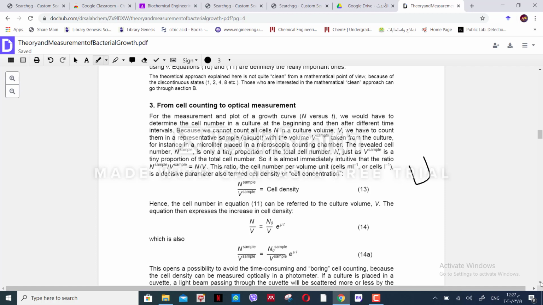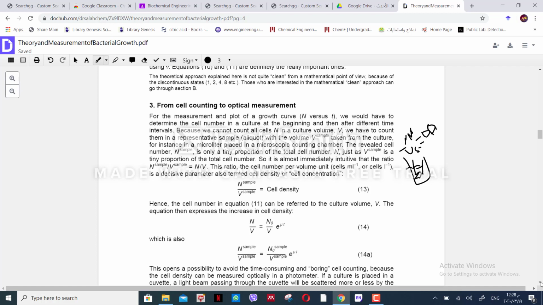If we imagine our culture, I cannot count all cells here, so I take a sample from here and denote it n sample, of known volume, so n sample over v sample is related to the cell density.